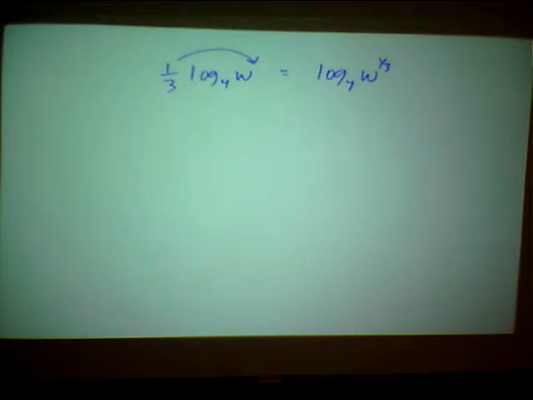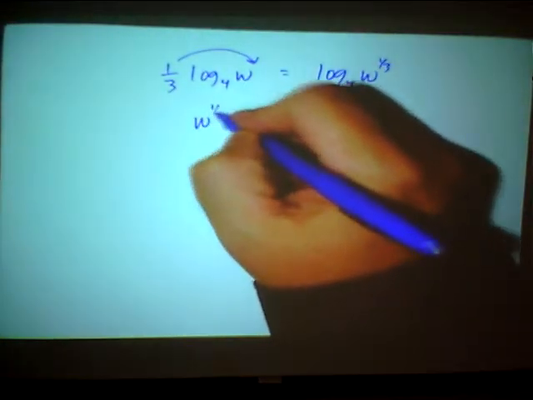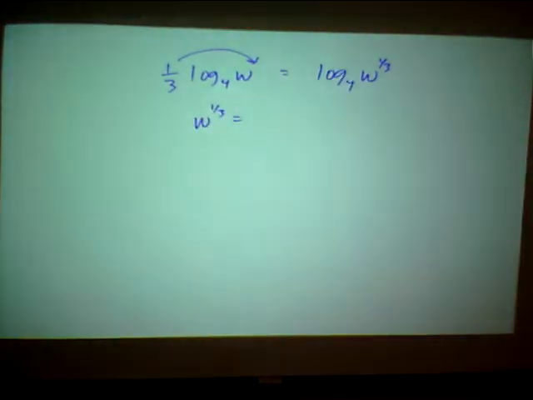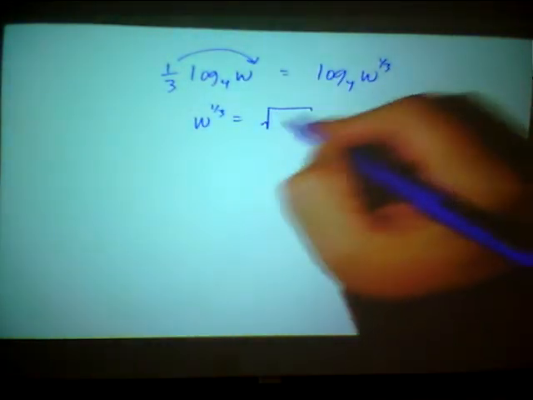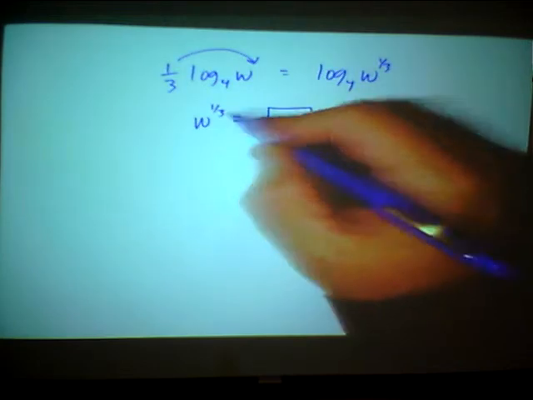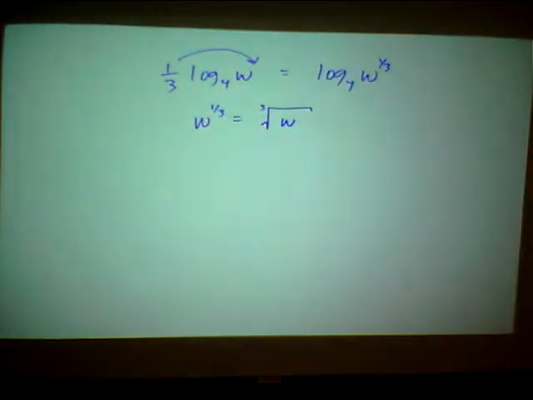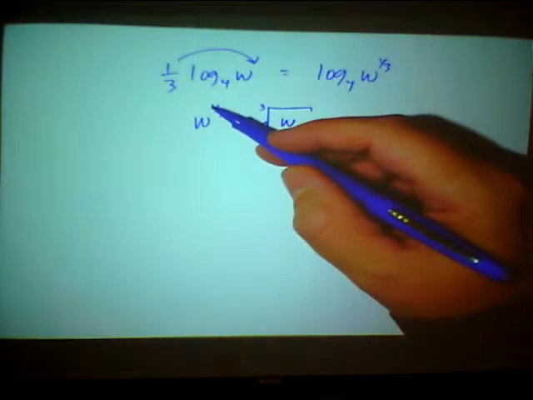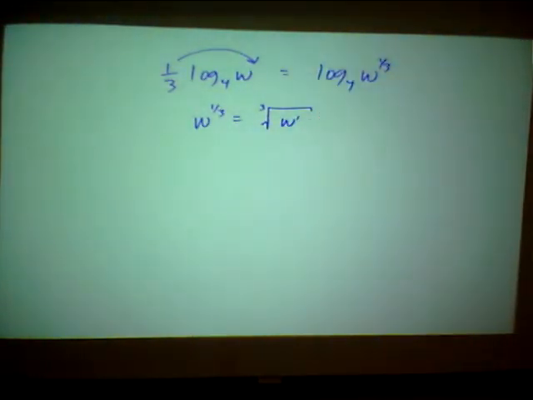They don't like you to leave that as a rational exponent. Now we have to do some quick reviewing. If you remember when we studied rational exponents, we can always convert them into radicals. Remember what we would do? The denominator becomes the root or the index of our radical, and the numerator ends up being the exponent.